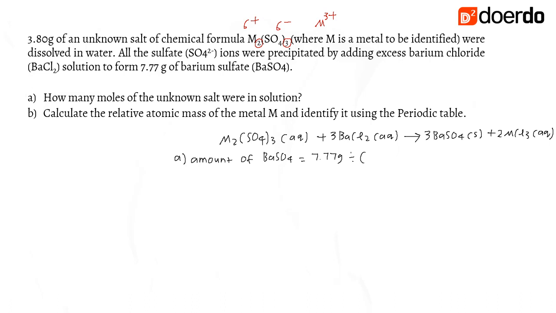Barium, the molar mass is 137 plus 32.1 plus 4 times 16 grams per mole, which will give you a total number of moles as 0.03333 moles. Once again, we round this to 5 significant figures.